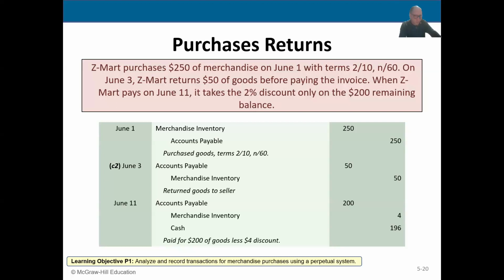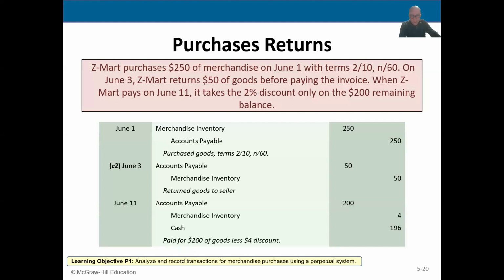It's defective. They're not working. So we call our distributor up and say, hey, we're going to have to send you back $50 worth of product that we cannot sell. Okay, no problem. So on June 3rd, I make the recording. Debit accounts payable $50 to reduce what I owe them by $50. And I credit merchandise inventory $50 based off of the value of the goods that I returned to the vendor.